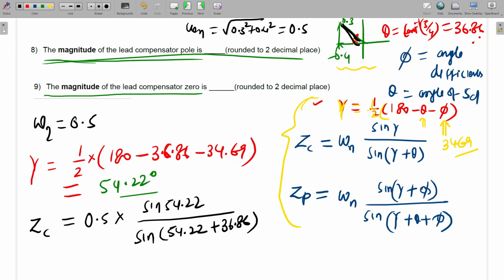So it will be 0.5 into sine 54.22 divided by sine of 54.22 plus 36.86. How much are we getting?